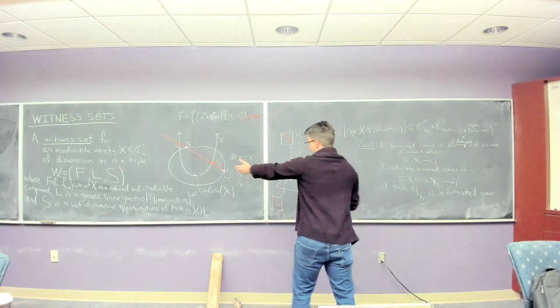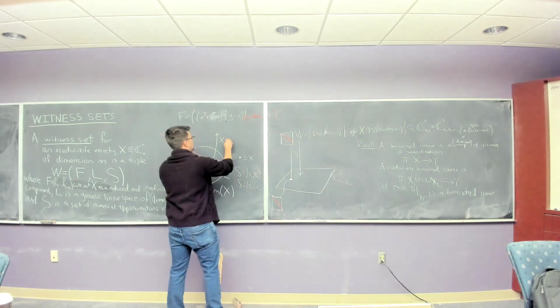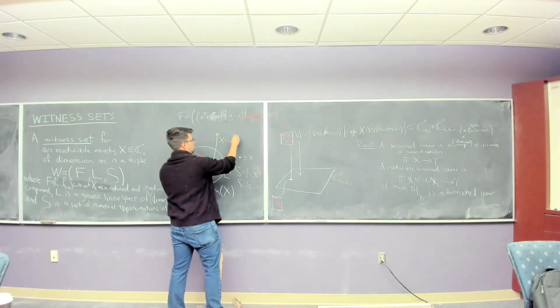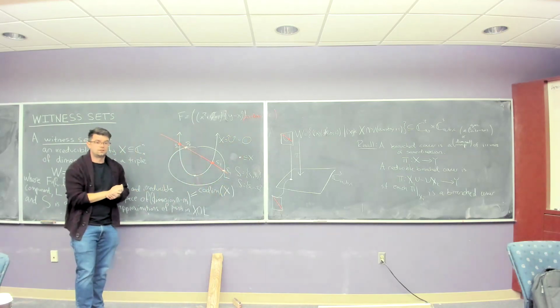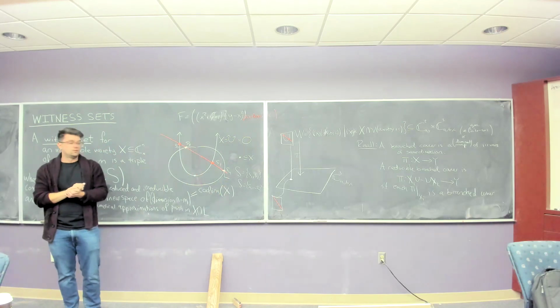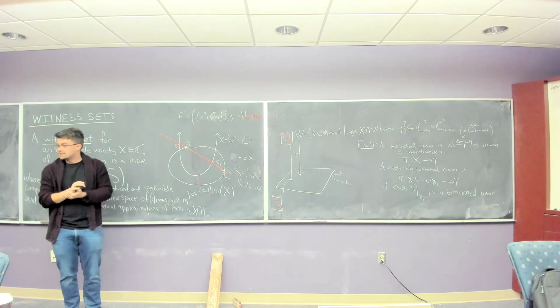And I might have, okay, so now X here is parabola union circle. And so now when I slice, I get 4 points.